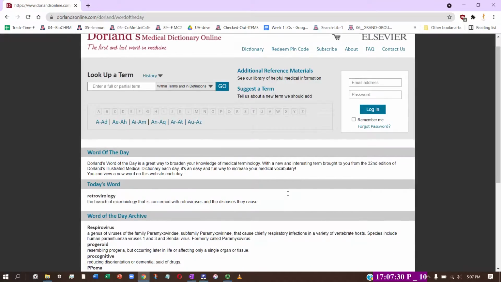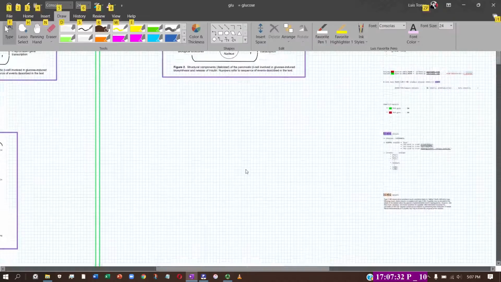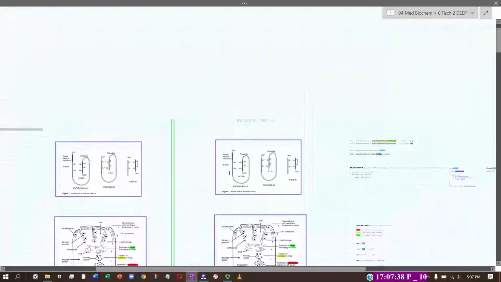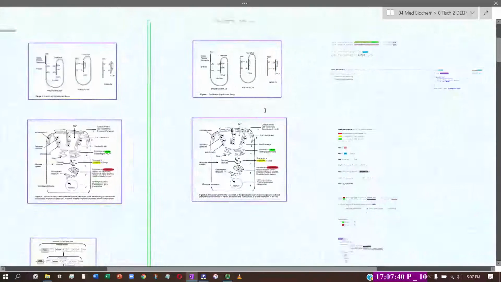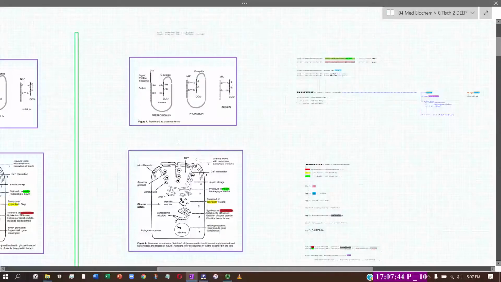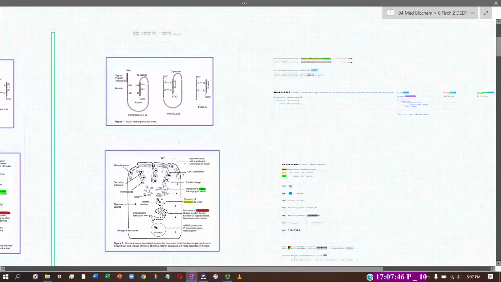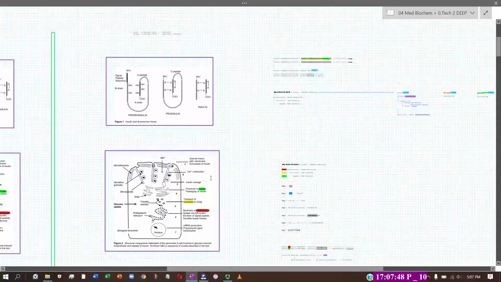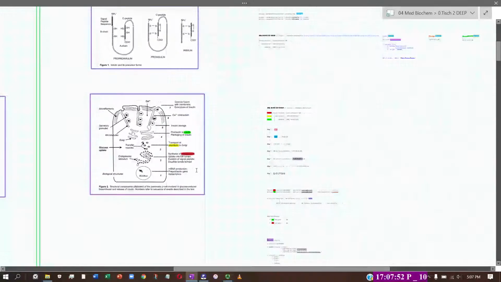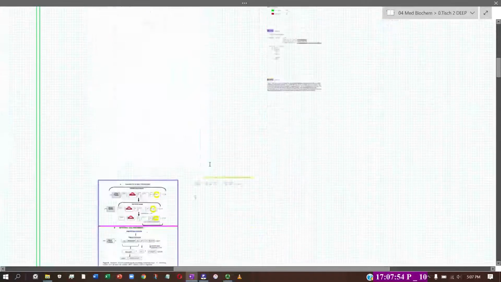So moving on, I found a better way to arrange the figures to make them flow better. Here's figure 1, which is the structure of insulin, and it's essentially the stages it goes through for processing. Figure 2 was the structural components of the pancreatic cell.